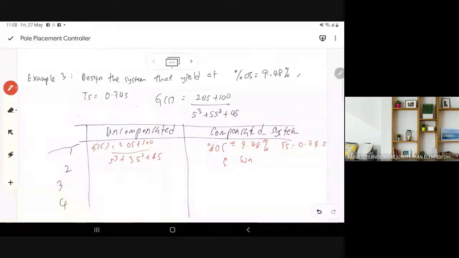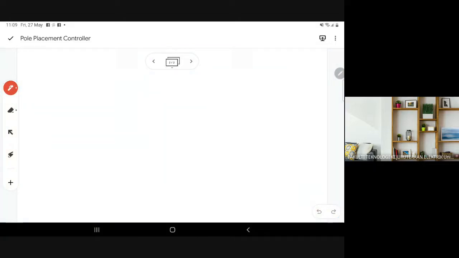So now we need to focus on the first part, the uncompensated system. Solve for the uncompensated system part first. Okay, so I need to look at the steps that I developed.